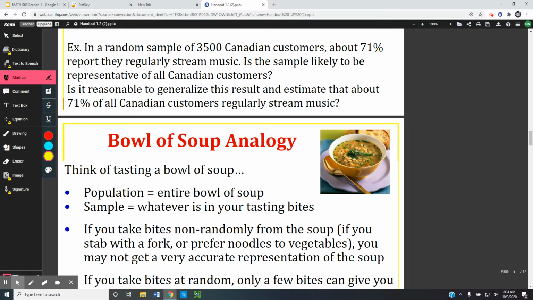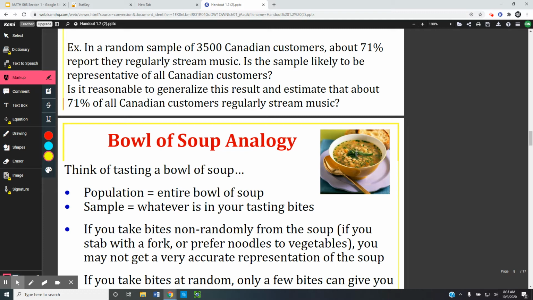Is it reasonable to generalize this result and estimate that about 71% of Canadians regularly stream music? Well, if it's a random sample, and as long as we've done a good job, given the information we know here, the sampling is likely to represent customers.